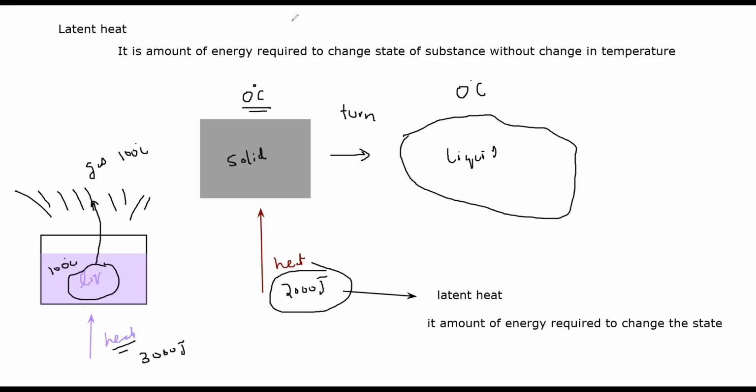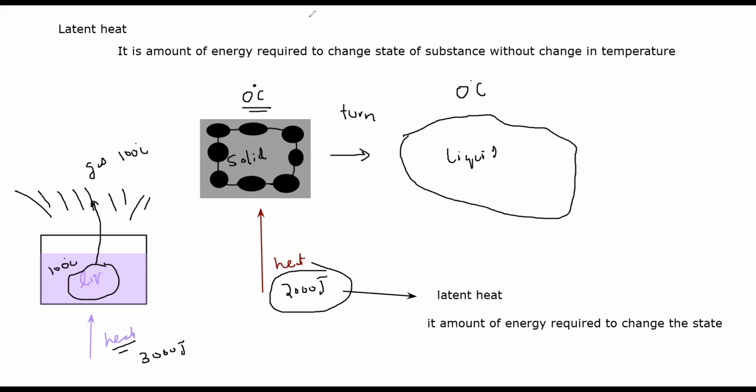Now the question is, we are supplying the energy, but why is there no change in temperature? Because in a solid, the particles are tightly packed together. So what happened to the energy which you are supplying? Why is there no change in temperature even though we are heating a substance? Because the energy which you are supplying is breaking the bonds or attraction within the molecule. Because the particles have attraction.